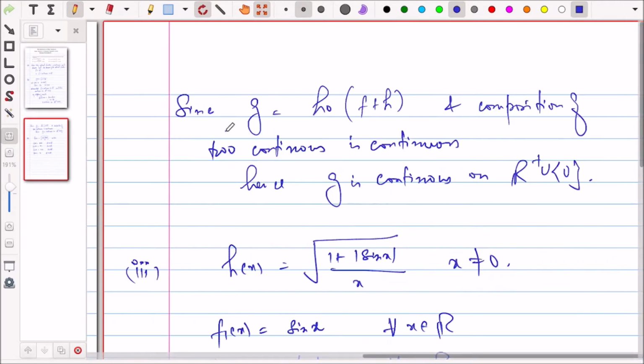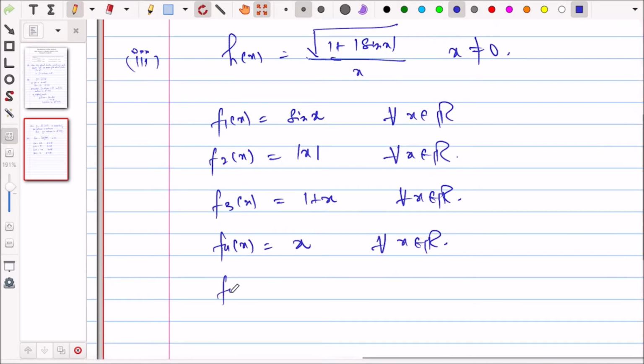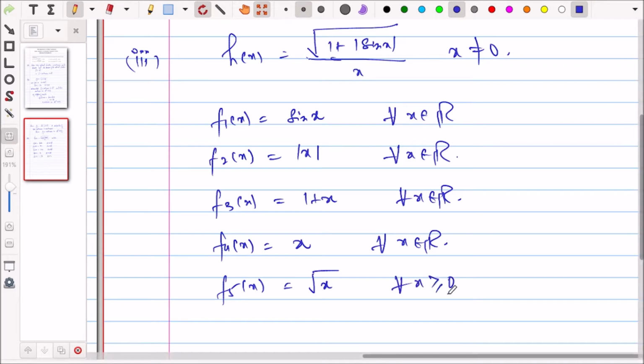And finally we have the root function, f5(x) equal to root x, which is defined for all x greater than or equal to 0.